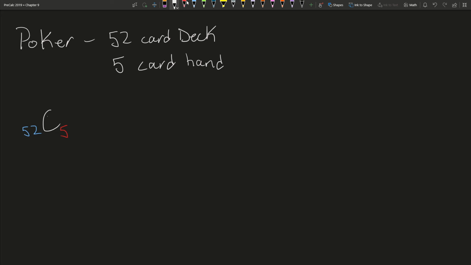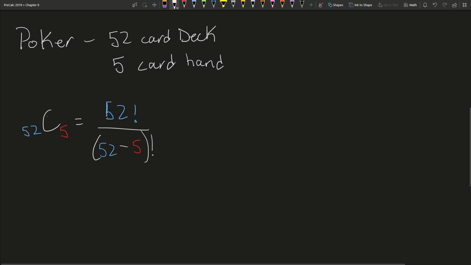If we write that out, it would be 52 factorial over 52 minus 5 factorial times 5 factorial.